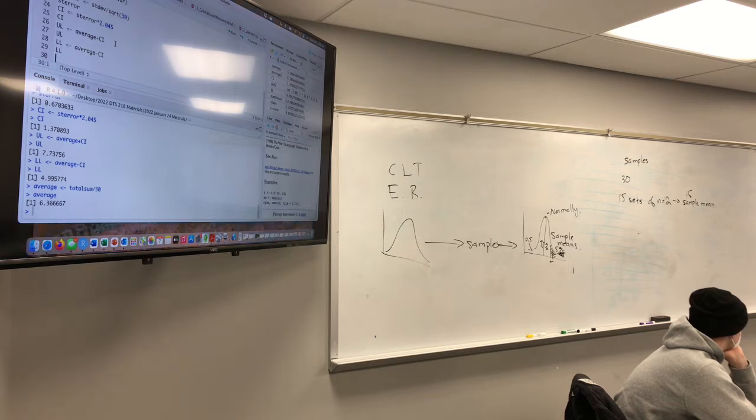But the central limit theorem is way more powerful than this, because it basically says that if you go to this population of cards over and over and over again, it will give you a distribution of sample means that is normally distributed, regardless of the original distribution. What's the shape of the original distribution for a deck of cards?